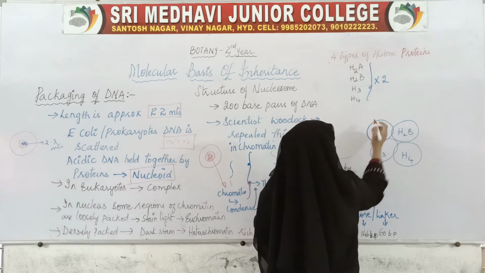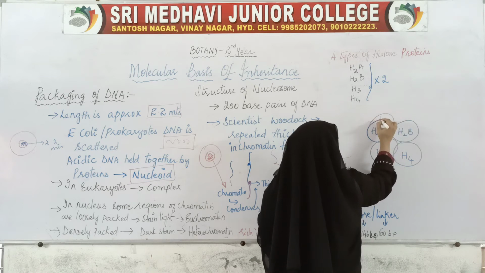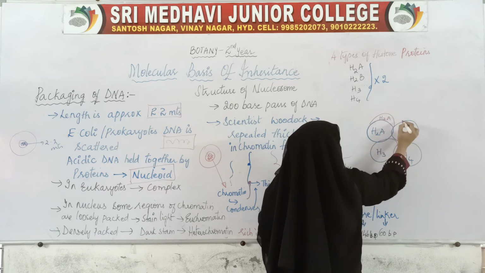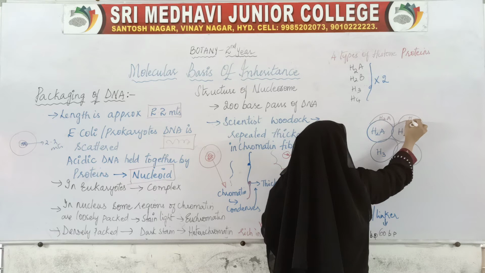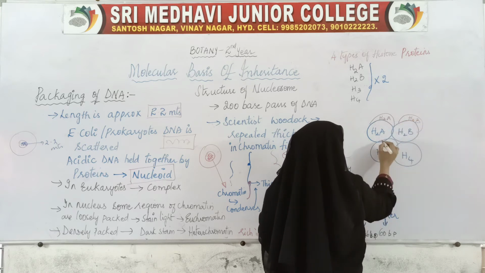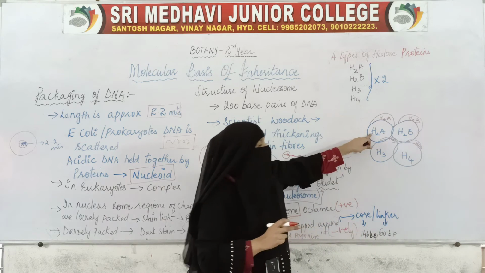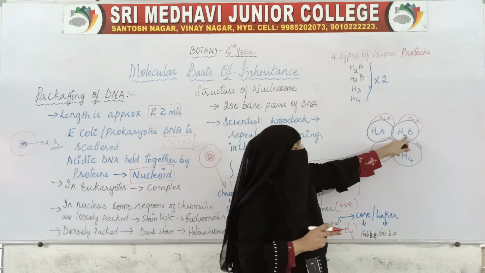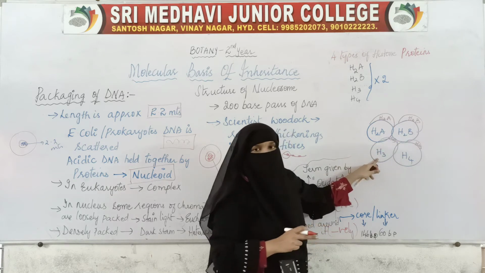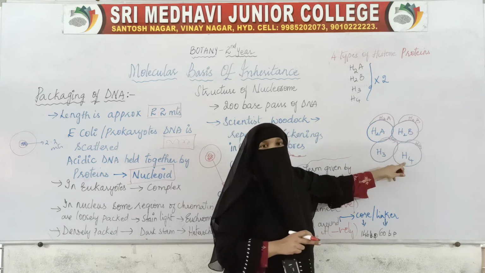In front we see H2A, and at the back we find again H2A. H2B at the back, H2B. Then here H3, and here we find H4. So two H2A proteins, two H2B proteins, two H3 proteins, and two H4 proteins.